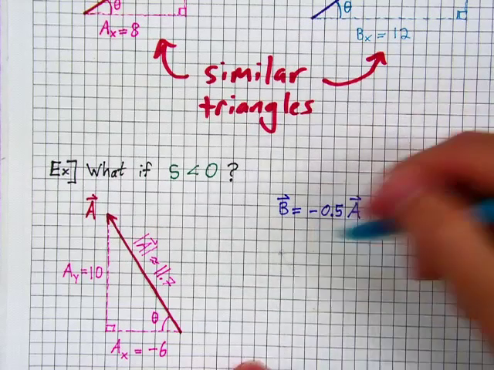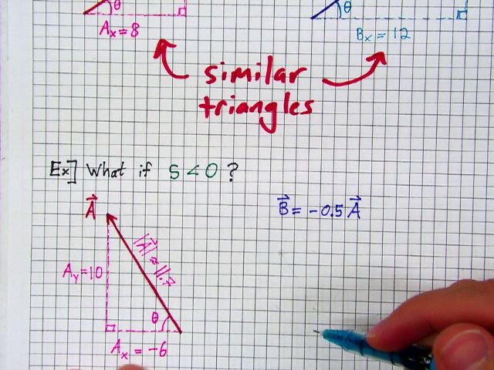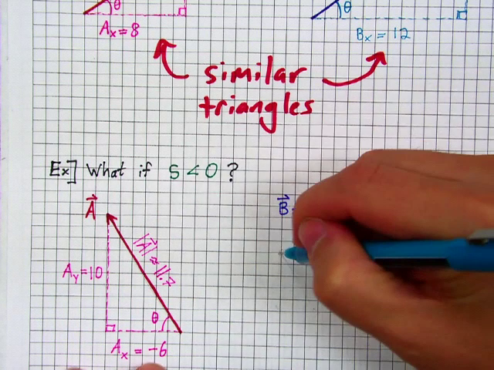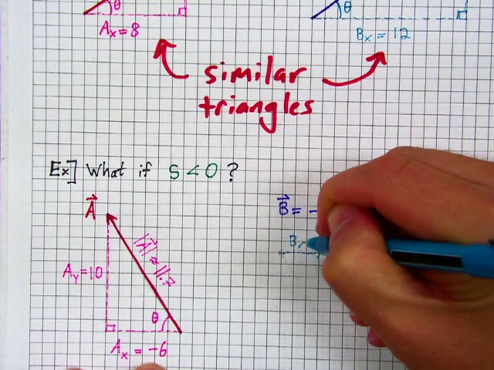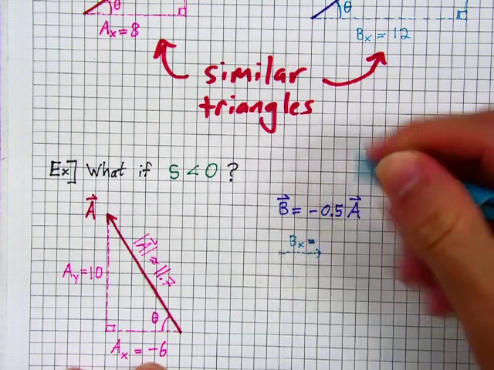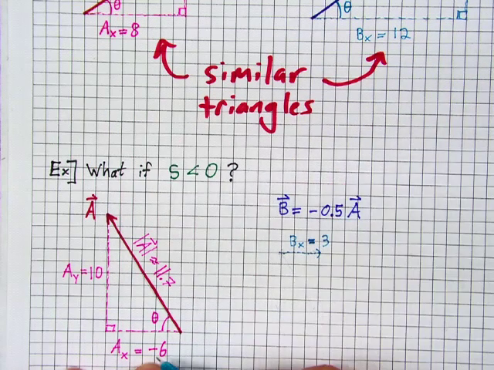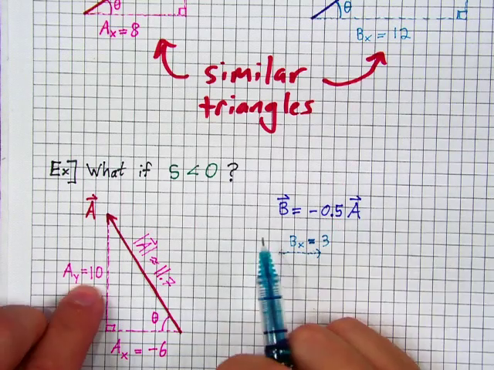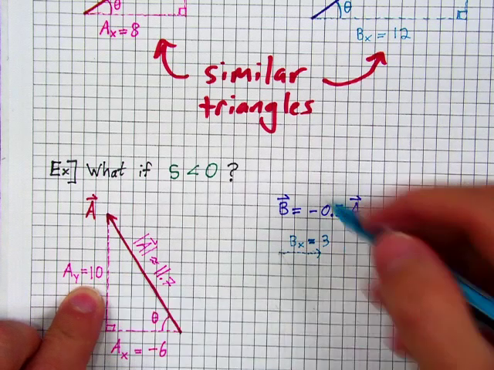So Bx, let's start drawing B here. If Ax is negative 6, then Bx will be plus 3, because negative 0.5 times negative 6 gives us plus 3. If Ay was 10, then By is negative 0.5 times 10, so By is negative 5.